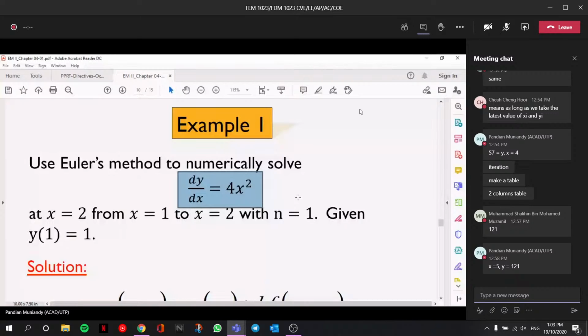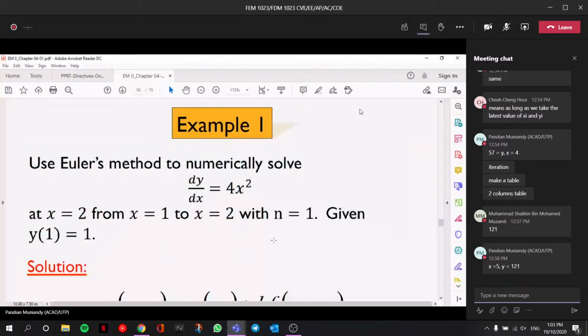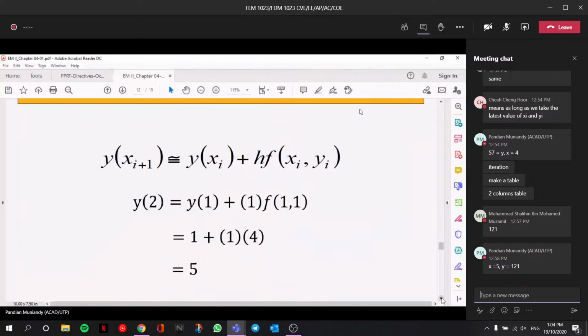The answer is 10 and 1 over 3, but you have 5 only. So we're too far. The error is very big, almost 50%. That's why the Euler method is not so accurate for this problem. Maybe for other problems, it may give you a good approximation.